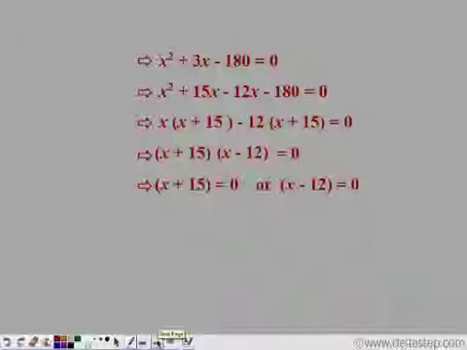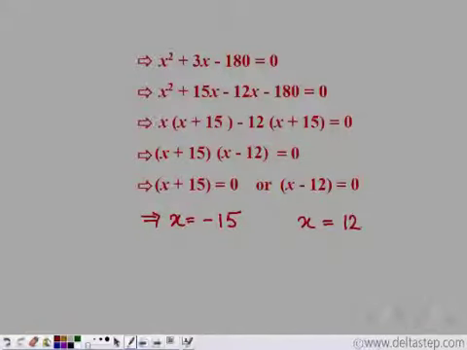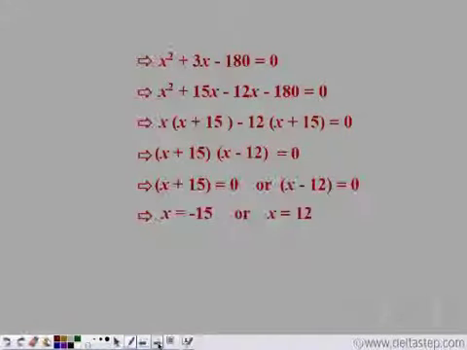If x plus 15 equal to 0, this means that x is equal to negative 15. If x minus 12 is equal to 0, this means that x is equal to 12. So the solutions of x are x equal to negative 15 or x equal to 12.